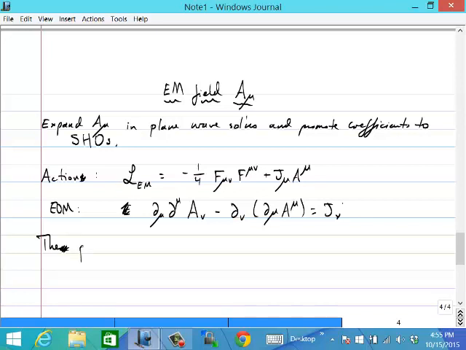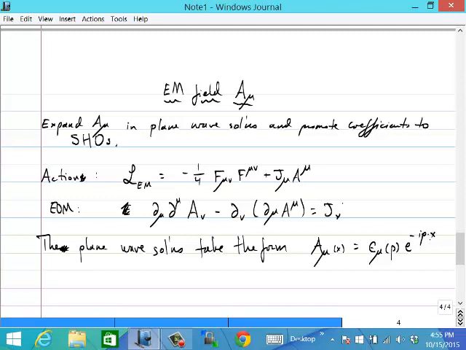And the plane wave solutions will take the form A mu of x is equal to epsilon mu of p times e to the minus i p dot x.